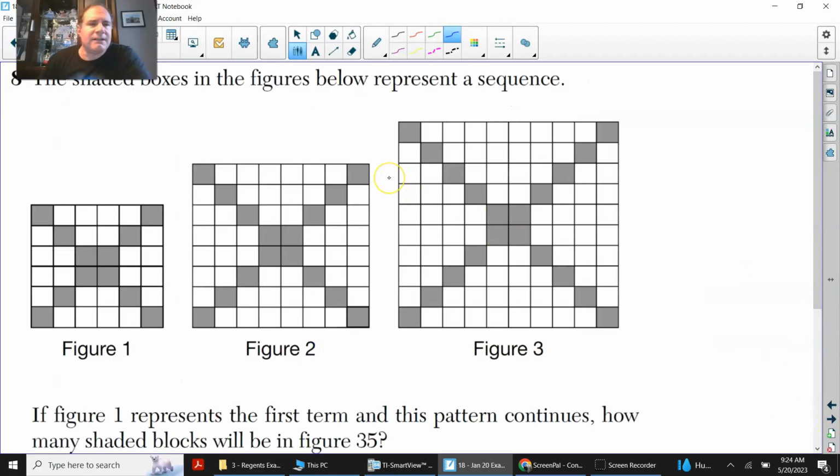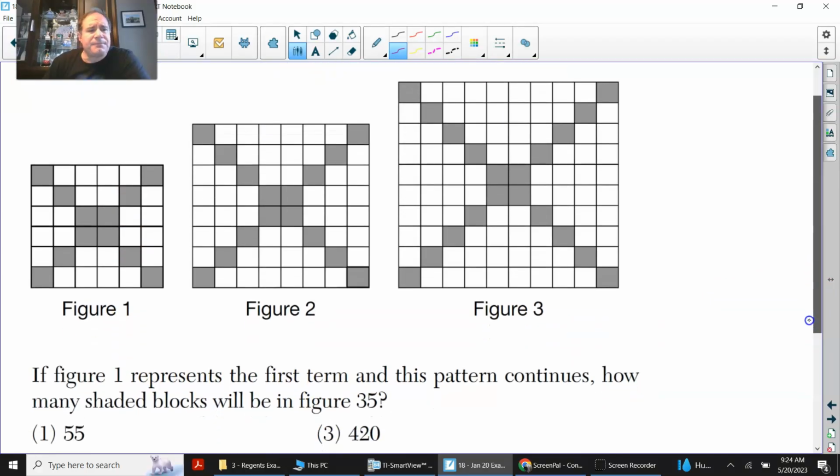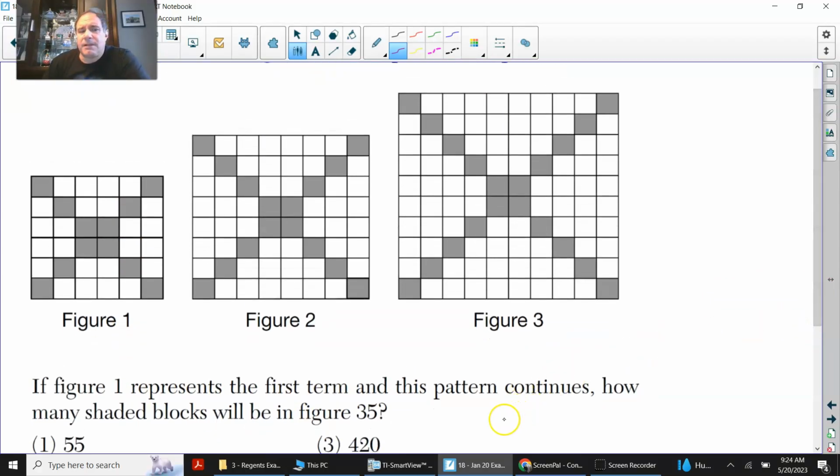All right, so I can't stand these questions, but they're here and they seem to love to ask them. The shaded boxes in the figure represent a square, and it asks: if this pattern continues, how many shaded blocks will be in figure 35? Okay, so I'm going to count the shaded boxes.